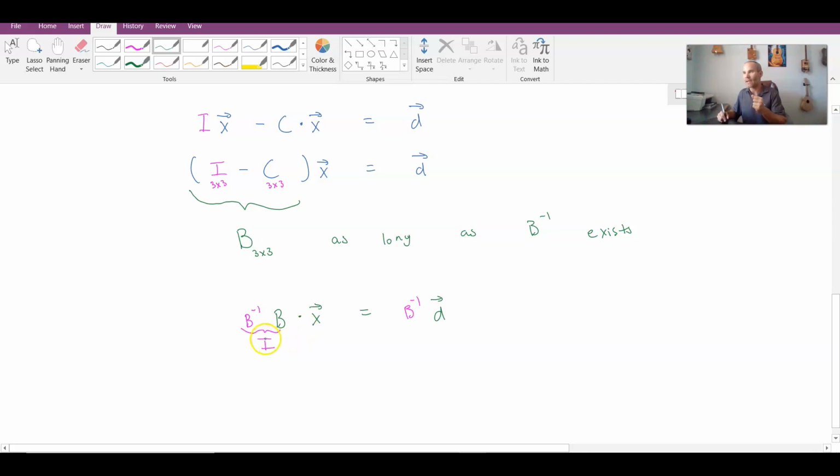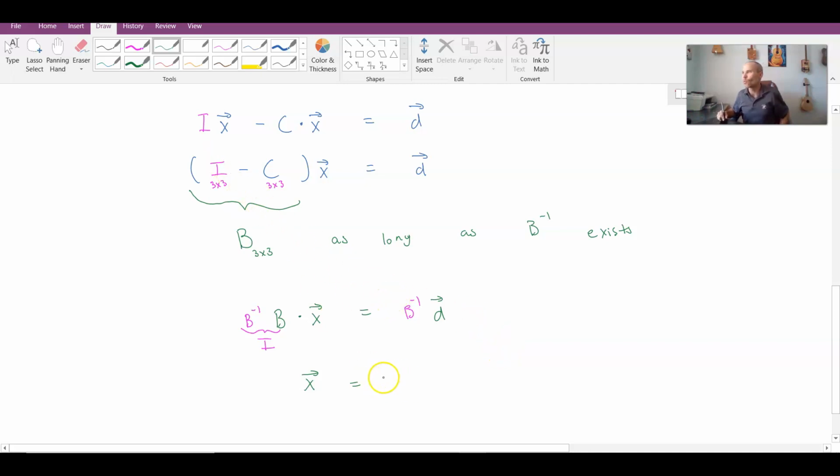We're taking a transformation matrix and doing a matrix vector multiplication with the vector X. Since the identity matrix leaves a vector as it is, X is equal to B inverse times D.